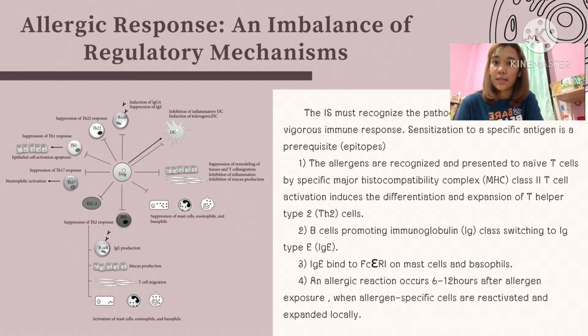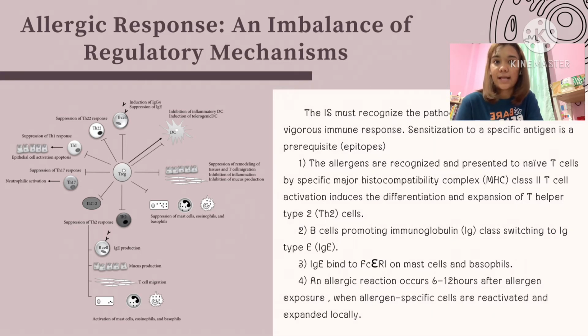The second step, B cells promote immunoglobulin or Ig class switching to Ig type E, or IgE. The next step, IgE binds to Fc receptor on mast cells or basophil cells.